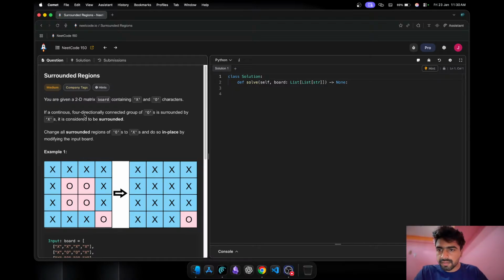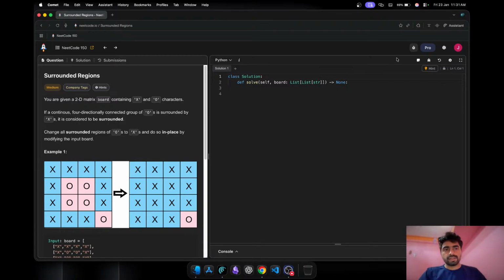If a continuous or directionally connected group of zeros is surrounded by X, it is considered to be surrounded. Change all surrounded regions of O to X, and do so in place.